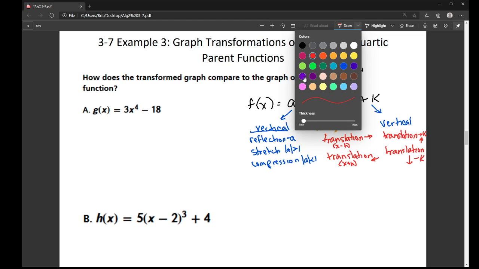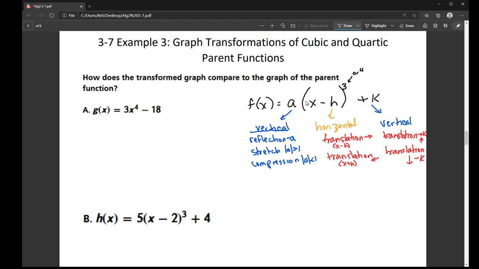Sometimes people like to put numbers inside here, multiplying to the x. That's another horizontal change, and it also feels backwards. Like if it's bigger than 1, it'll be a compression, and if it's less than 1, it'll be a stretch. But I'm not covering that in this video just because it's not often seen and it's a little harder to explain. Okay? So let's check out letter A here.